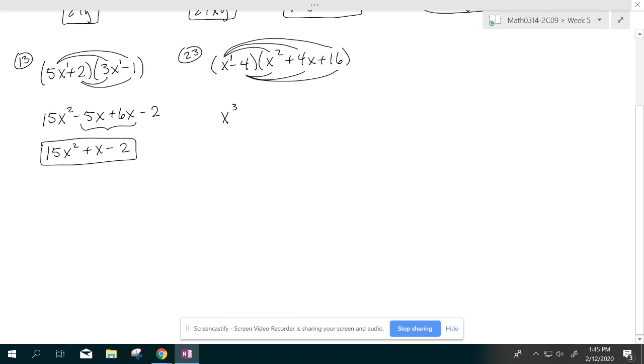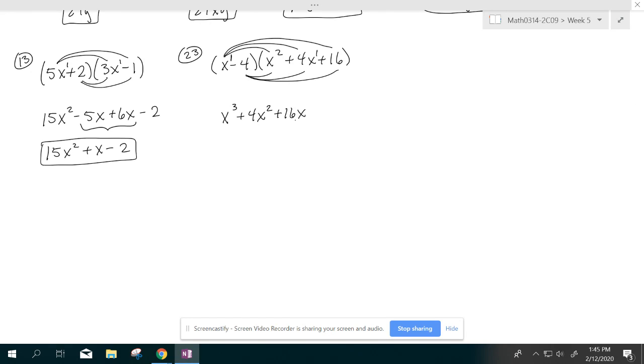And then x to the 1 times x to the 1, 4x to the 2nd. And you can say 4x to the 2nd, or you can say 4x squared. Either one. And then how about x times 16? And those 3 terms come from the x doing his distributive property, okay?